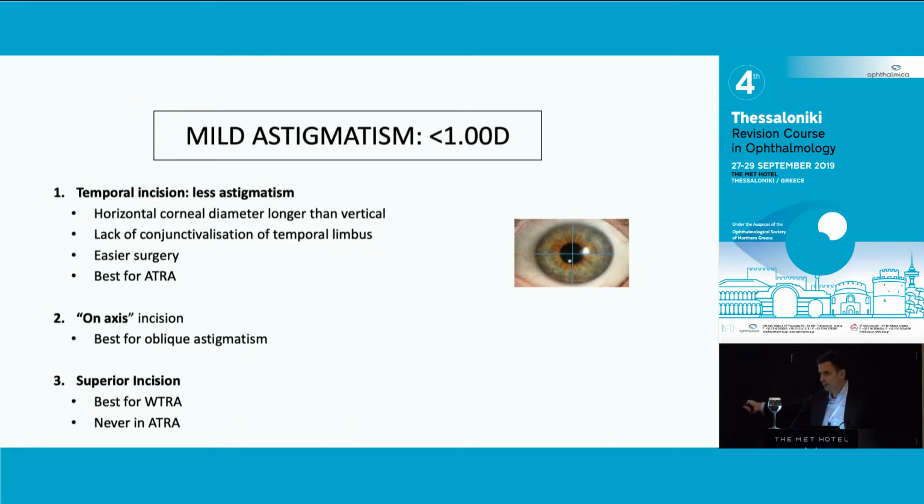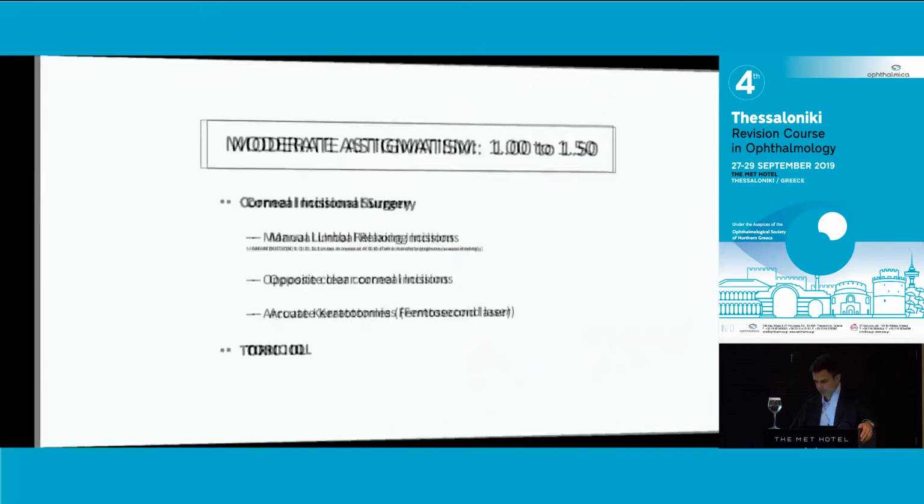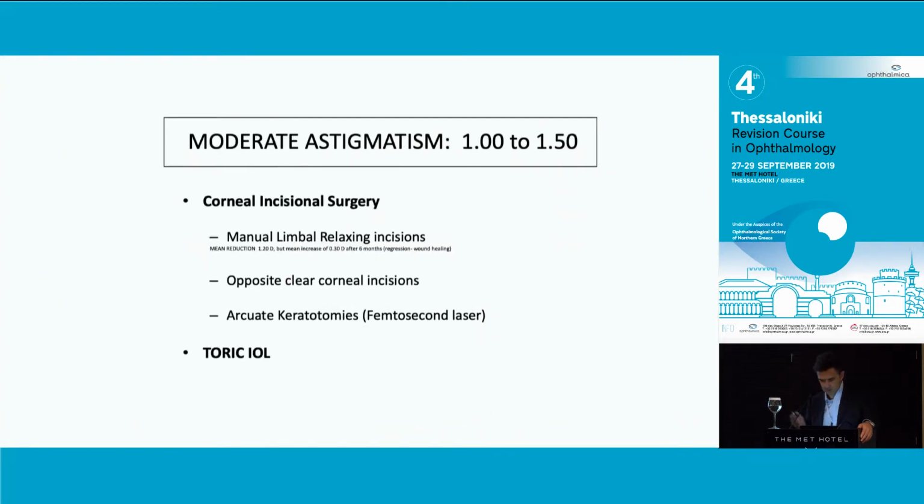But if you do it with someone with against-the-rule, you will make it worse. So for this level of astigmatism, easy, just be careful with your incision planning, have a diagram of your cases, and that's especially important when you're using premium lenses, because they're not forgiving in terms of astigmatism.